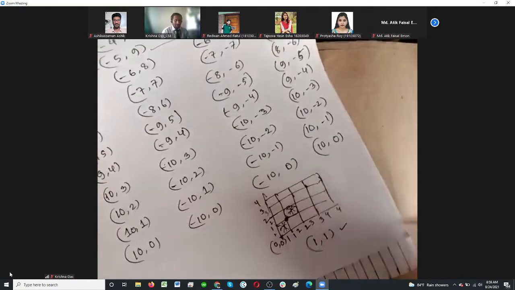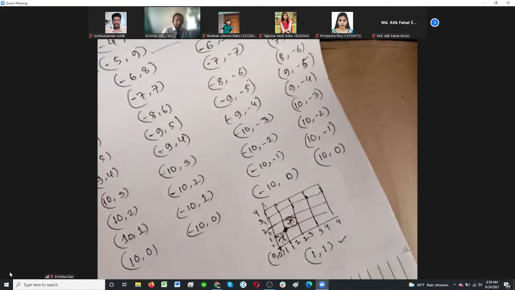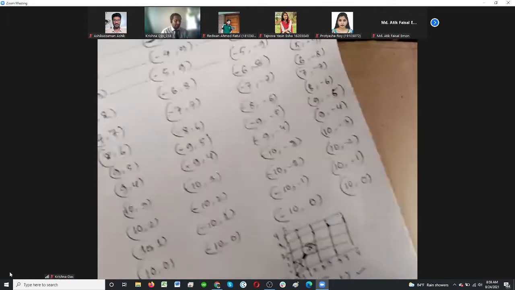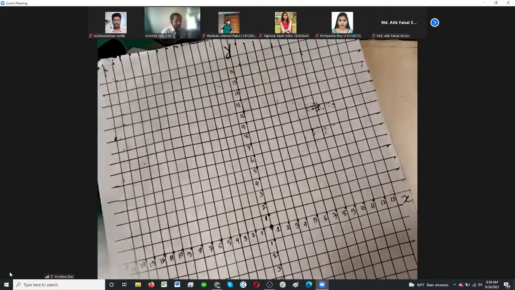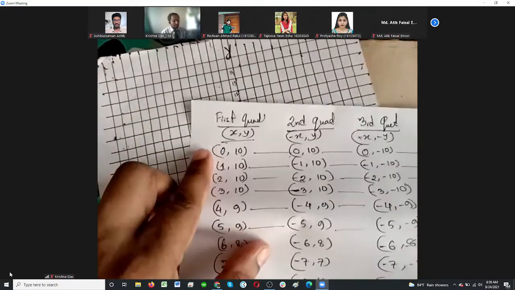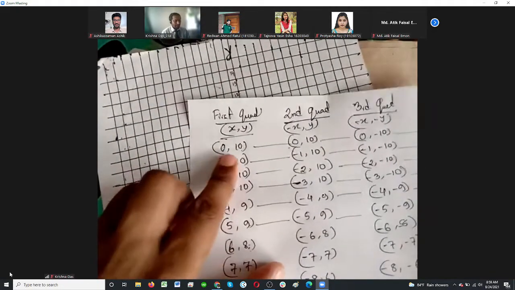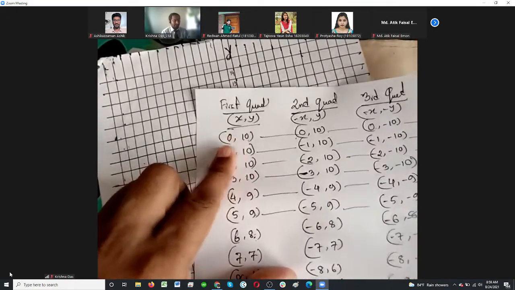In the same way, with this many, 60 pixels for the graph, if we go for plotting, you can see here the graph that we have mentioned for 0, 10 and 1, 0. Now think about the first quadrant, which is 0, 10.